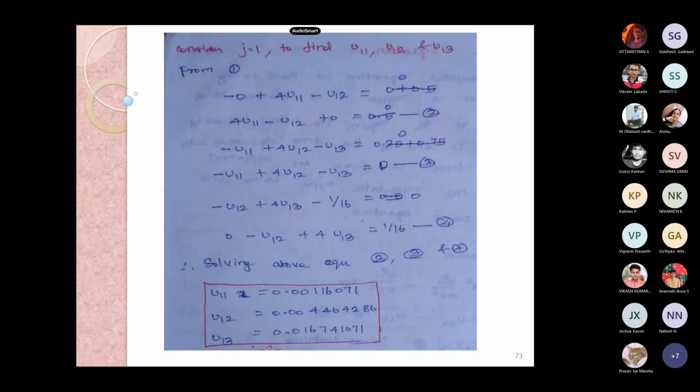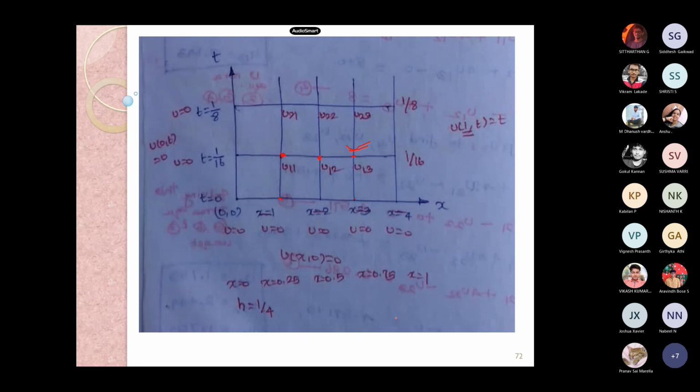Vignesh, you cracked the 3 different equations required to find u21, u22, u23. Tell me the 3 different equations required to solve u21, u22, u23. Try to solve the linear simultaneous equations for time series timeline 2.